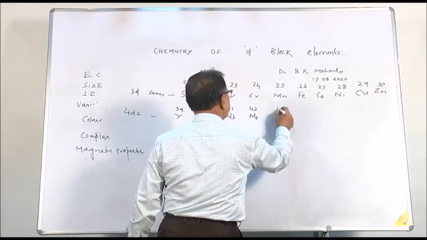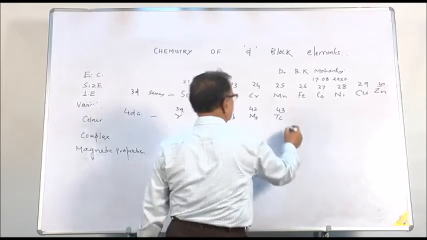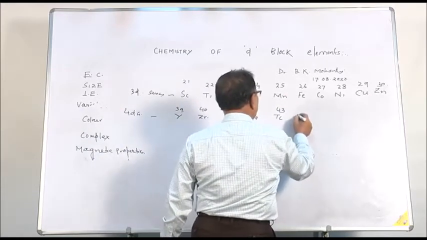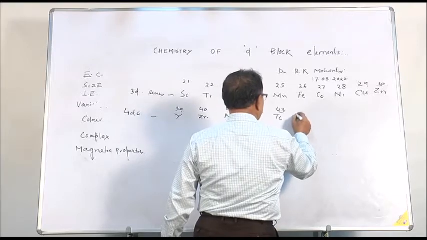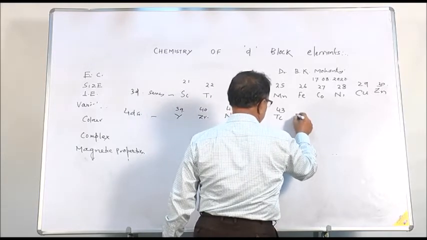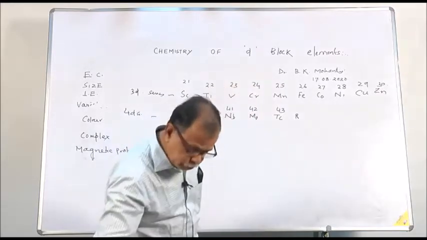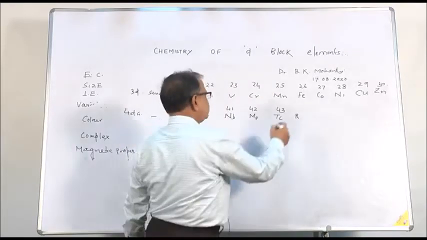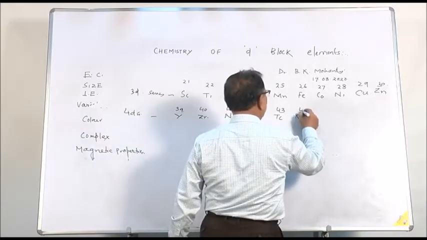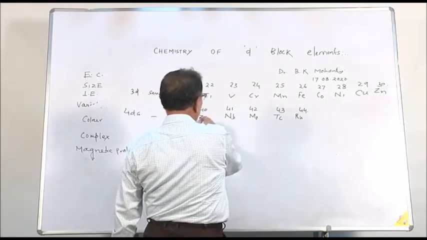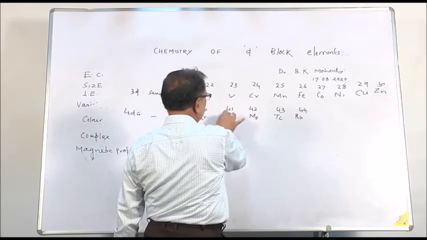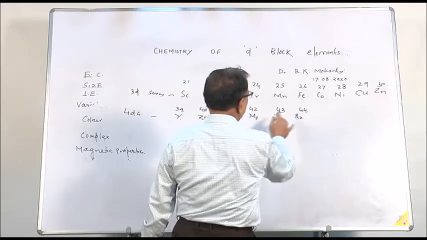Technetium, 43. Then ruthenium, Ru, is 44.